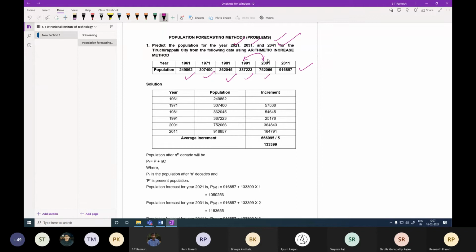This is the actual data. From 1991 to 2001 it was almost 100%. 3.8 to 7.5, and in 2011 it is around 9.1. Now we are going to project the population for 2021, 2031 and 2041. Is it okay?